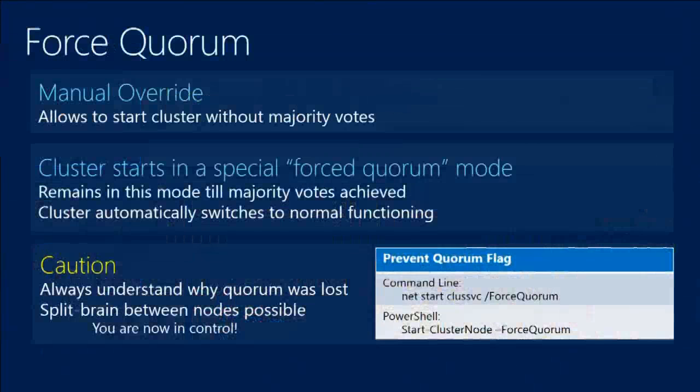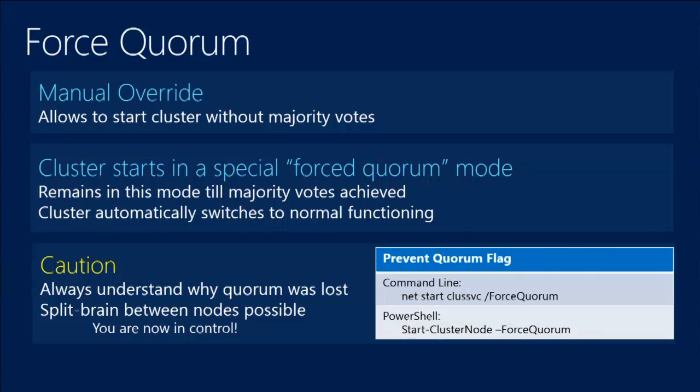All right, so recovery actions. Force quorum, that's a tool that's a big hammer. In other words, as per the question earlier, if the cluster cannot start, and you don't have the nodes that have the votes to really start the cluster, at that time, starting the cluster using force quorum becomes necessary.